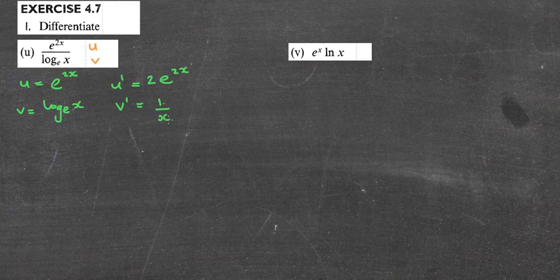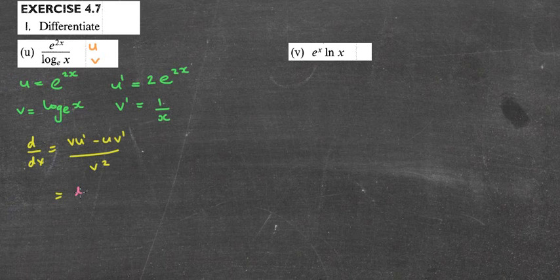Now I'm going to go back to my quotient rule, as we said before, which is d/dx equals v u dash minus u v dash, all over v squared. And now that we've got all the information above, it's going to be a nice plug and play, as I often say.